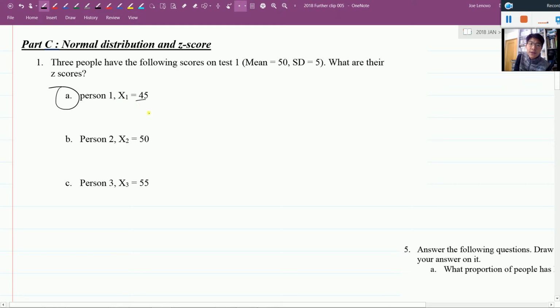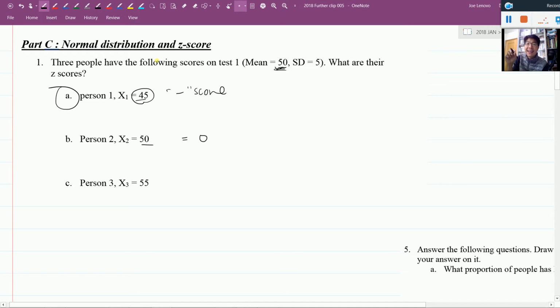This one is 45. If you look at the mean equal to 50, this one will have a negative z-score, right? Because it goes below. That one is smaller than the mean. When it's smaller than the mean, you have a negative value. Then 50, your standard score would be equal to 0.